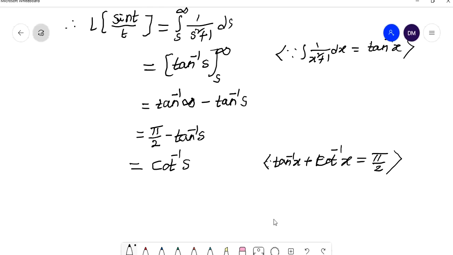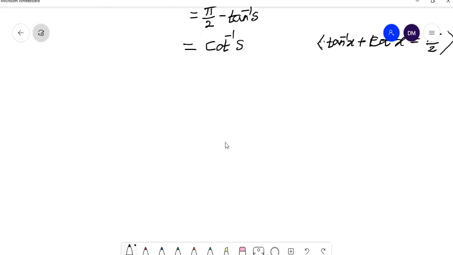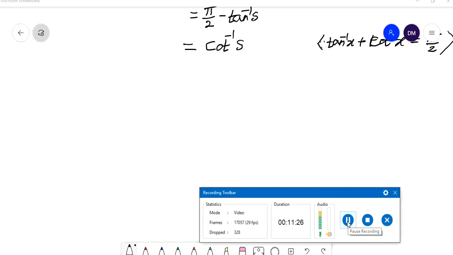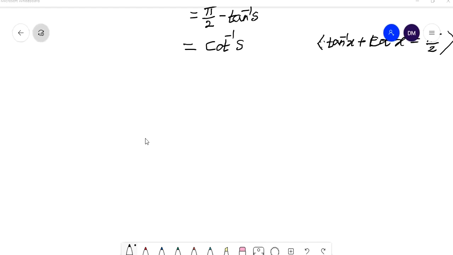But finally we want L of e power minus t sin t by t. For that I can use the first shifting property.